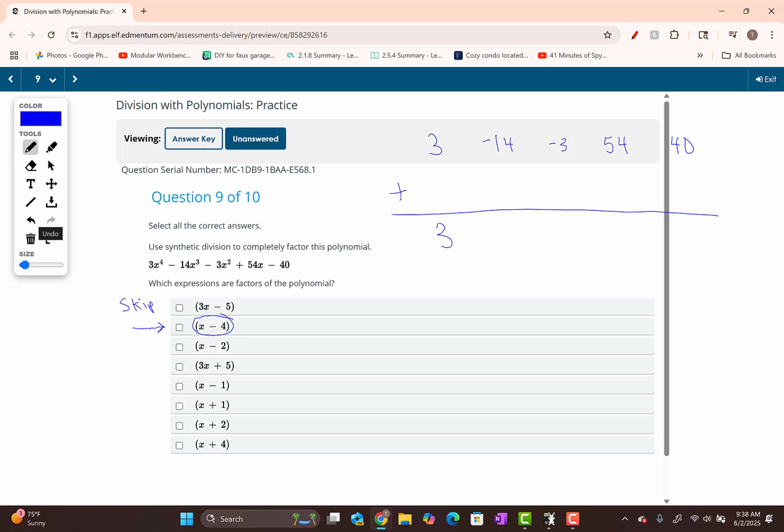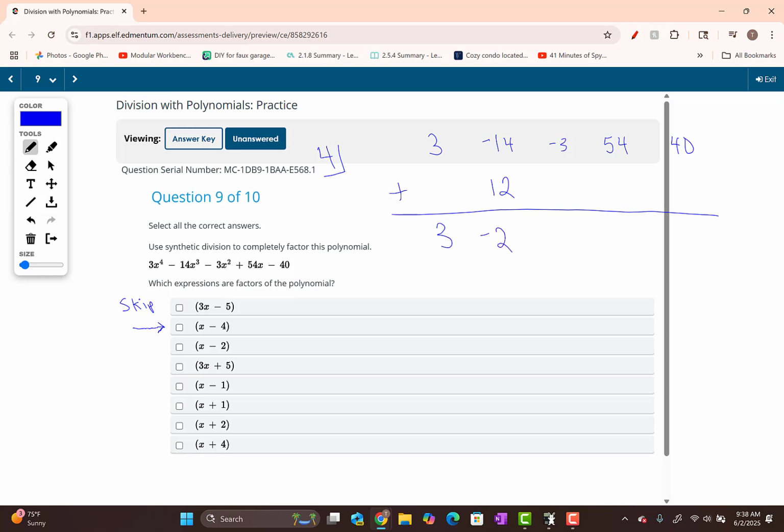That's going to be our multiplier. So I'm going to put 4 over here in a box, and then we're going to multiply. 4 multiplied by 3 gives us 12, and that goes underneath the -14. And then we're going to add the -14 and the 12 together, and that gives us -2.